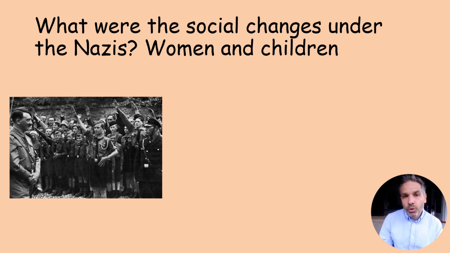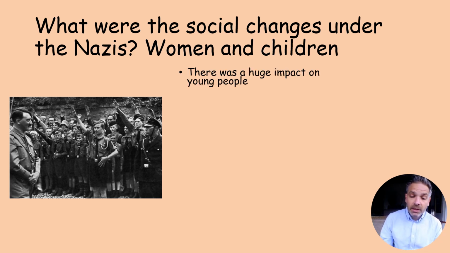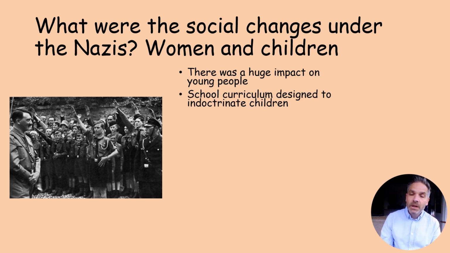Now, what about different groups of people? Well, there are significant changes to various groups of people, not least young people. Young people's lives are transformed because Hitler is obsessed with convincing young people of the benefits of the Nazi regime.